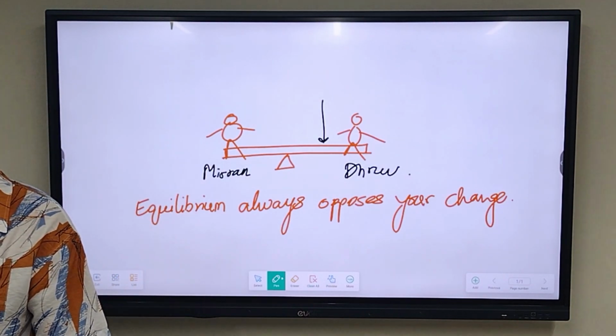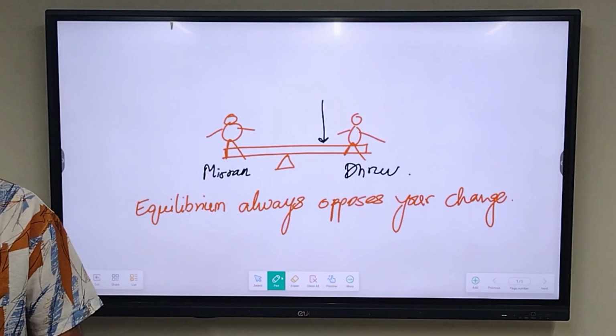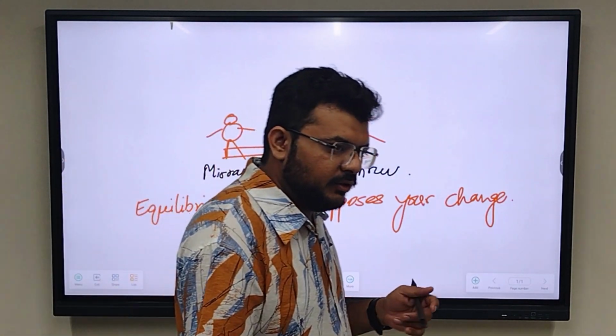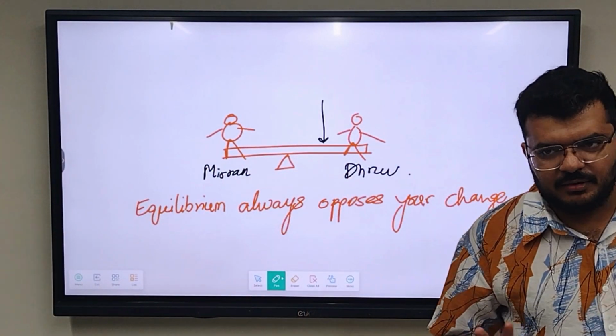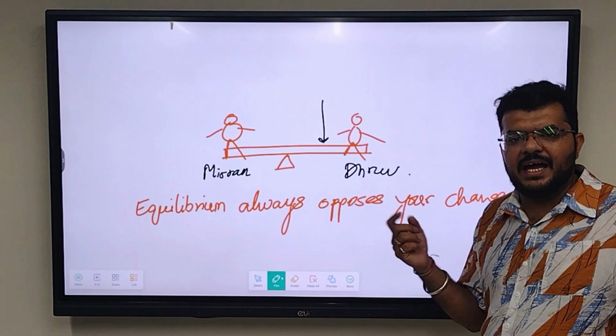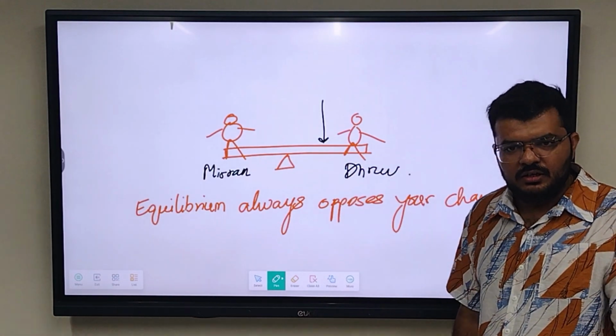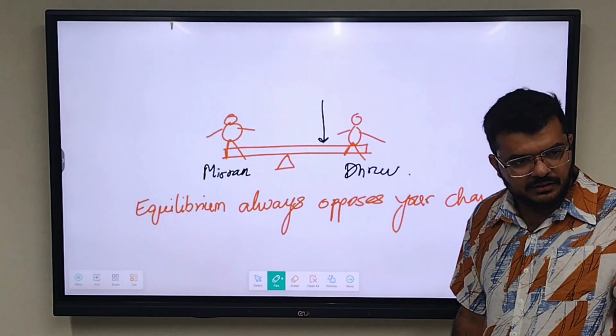Do you agree with at least this seesaw example? Yes, sir. If you try to change something, the equilibrium will act in such a way that it will try to re-establish the equilibrium. है ना?